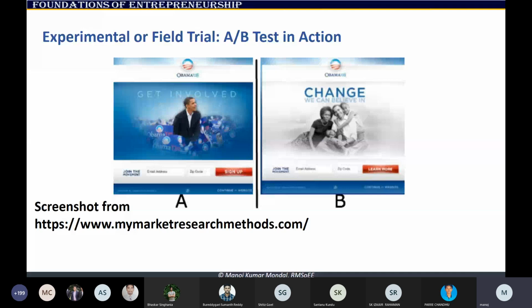A video consists of so many frames, whatever, I don't remember. So they put a video, and they found that it is not converting more visitors into donors.